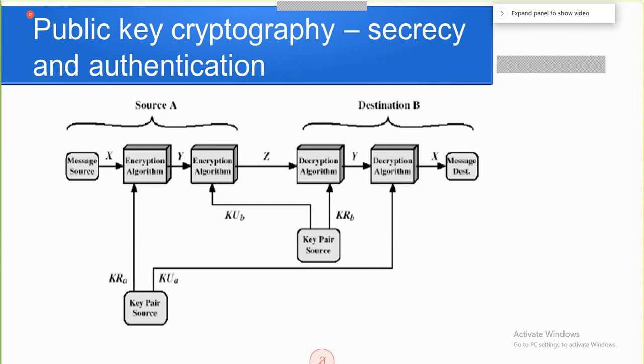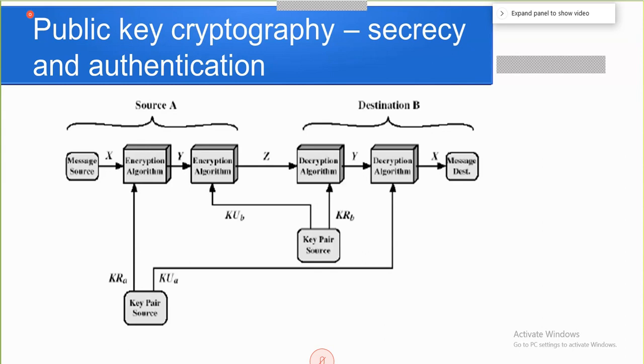It is received at the destination. Suppose during the transmission everybody is seeing the message. Is it possible to get the original message? In order to get back to Y, what is required?